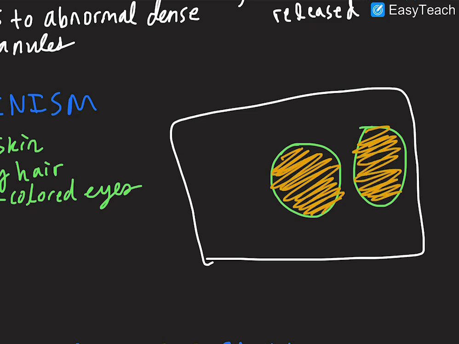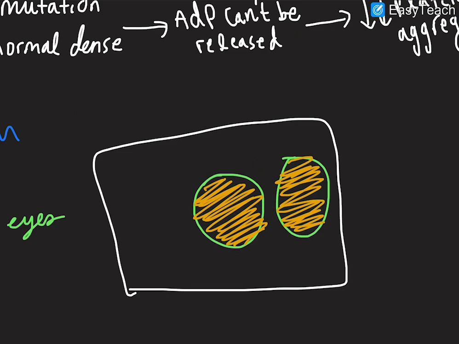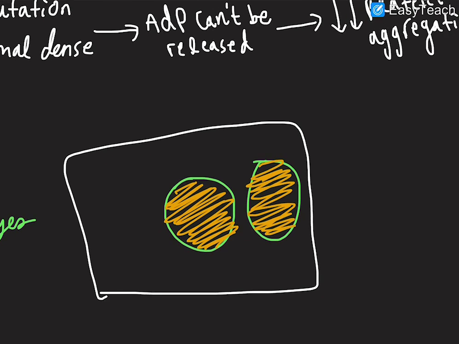Then we said you need functioning microtubules to take these melanosomes and transport them to your hair, skin, and eyes. This happens in your eyes too, because your eyes need pigmentation also. So of course, if you don't have functional microtubules, then you can't properly transport these melanosomes from your melanocyte to your skin cells, like your keratinocytes or your hair cells.